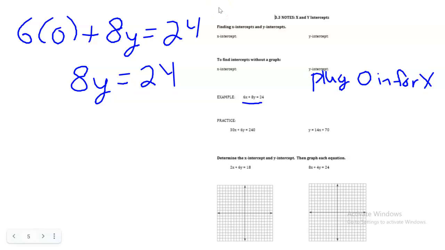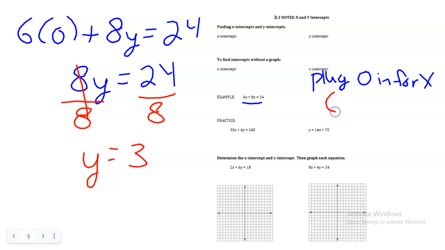So 8 is being multiplied by y, and I want to undo that. So the opposite of multiplication is division. So I want to divide by 8, because 8 divided by 8 is 1. So those reduce to 1, so I'm left with y is equal to 24 divided by 8, being 3. So that means my y-intercept, so when x is equal to 0, y is equal to 3.